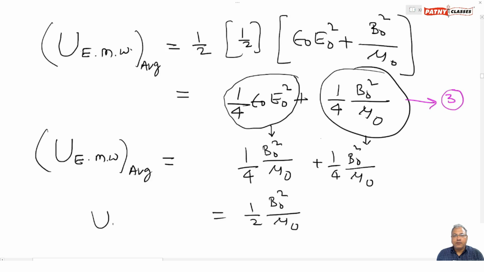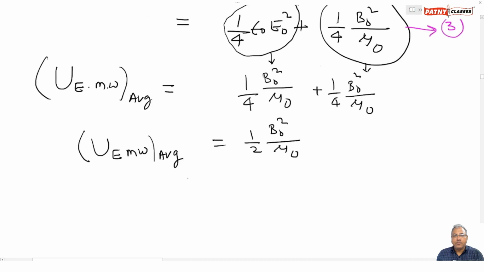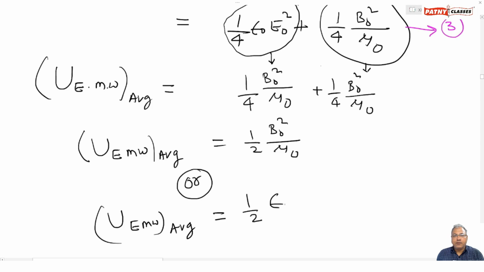This is nothing but the average energy density of the electromagnetic wave, that is equal to half B naught square divided by mu naught. The average energy density of the electromagnetic wave is also equal to half epsilon naught E naught square.